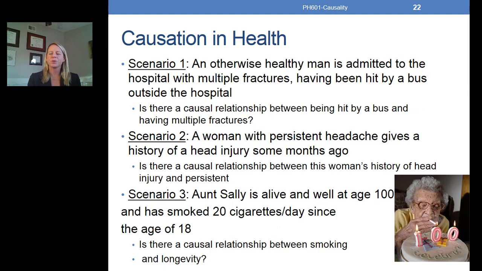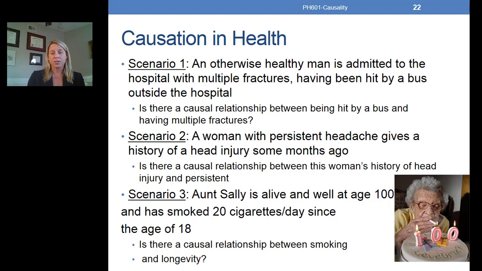So here are just some scenarios to think about this in a very simple way, but hopefully a fun example. So scenario 1 is where you have an otherwise healthy man admitted to a hospital with multiple fractures, having been hit by a bus just outside the hospital. So the question is, is there a causal relationship between being hit by a bus and having these multiple fractures?